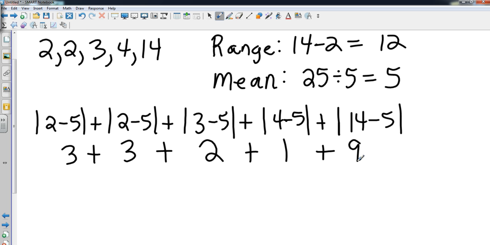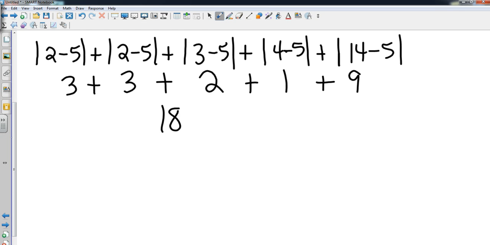And when we total those up, we get 18. Now, to find our mean absolute deviation, we're going to take that value and divide it by however many numbers we have. In this case, we have 5. So when we take 18 divided by 5, we get 3.6.